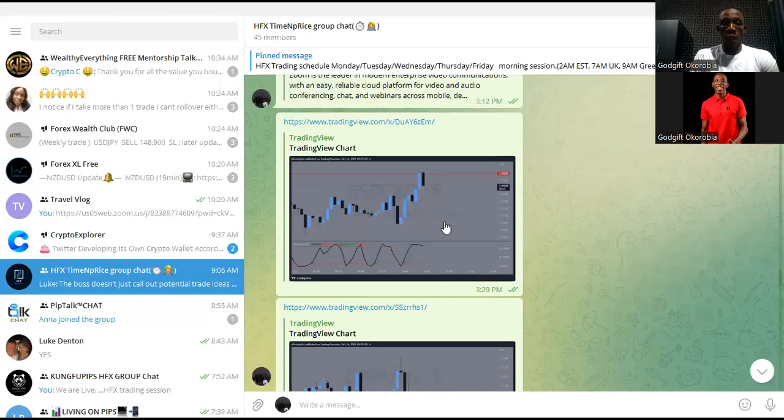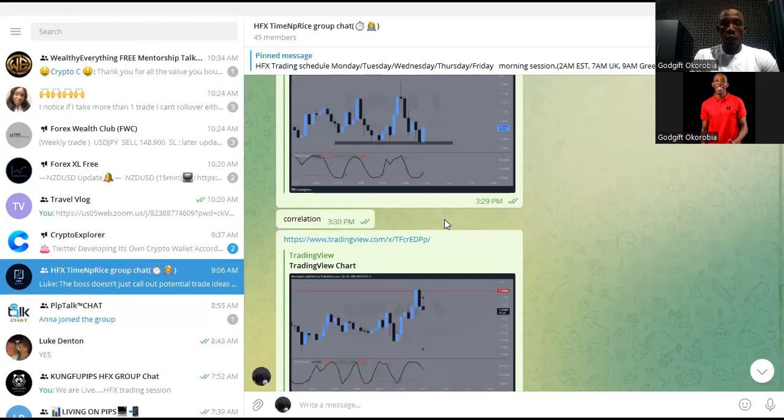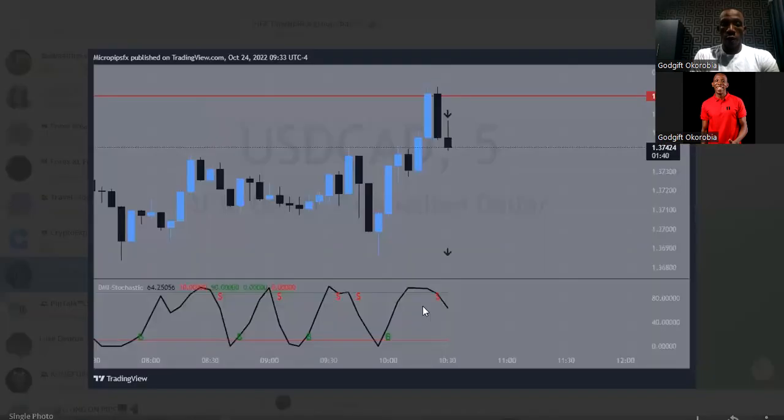So let's see what happened after. So as you guys can see right there, you see that pullback I talked about? Now we had this candle close below that 700 price area. We waited for that to pull back. Right now, take a look at your DMI, right?